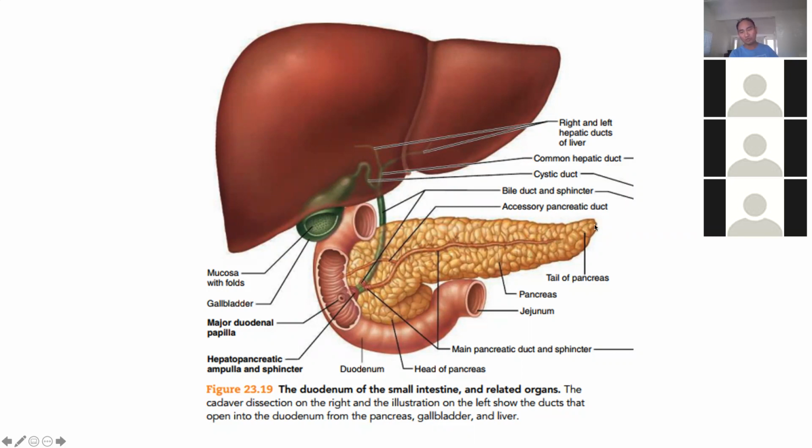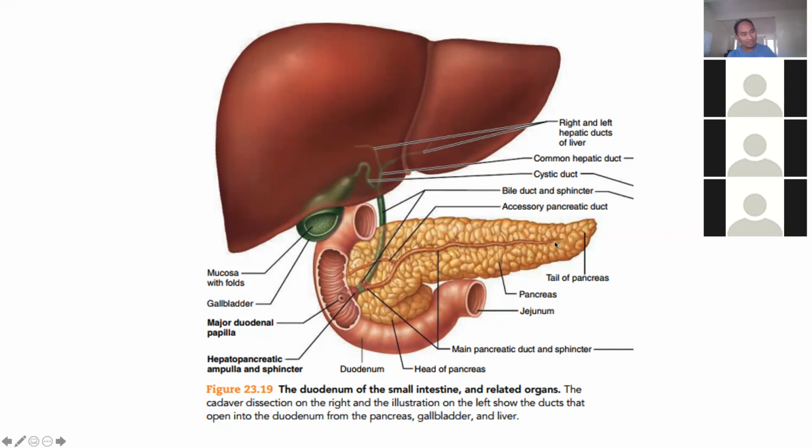The tail portion just twists and turns and extends into the spleen as well. And as we know, both the pancreas and the duodenum are attached to the posterior abdominal wall. They are retroperitoneal structures. Look at the pancreas here, the gold yellow color.